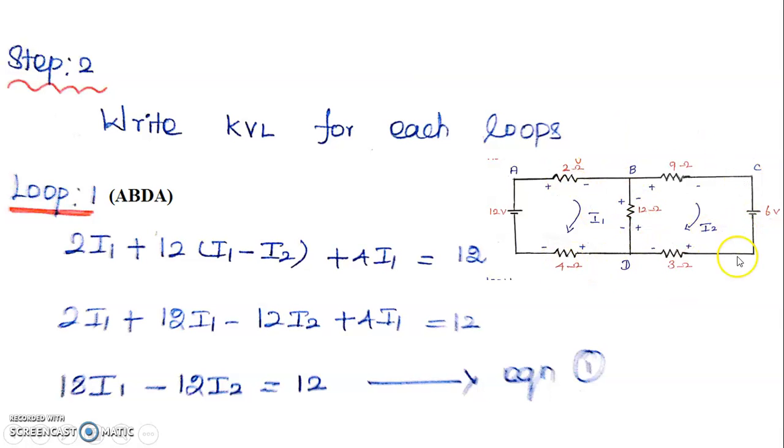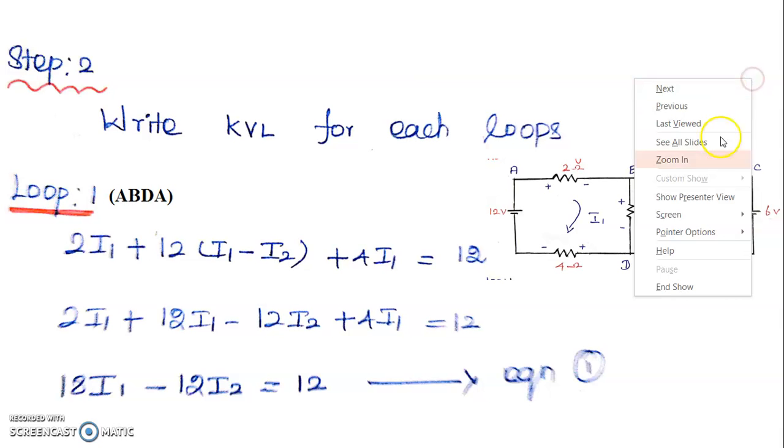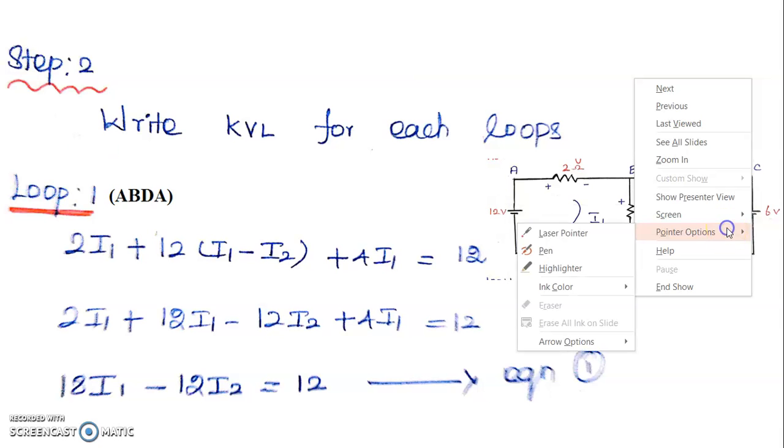Similarly we have a potential rise and potential drop for loop 2. First we write the loop 1 KVL equation. 12 volt is the potential rise. Then we write the potential drop, or voltage drop. Here the resistances are given, so to calculate the voltage drop V, the resistance is multiplied with the current.